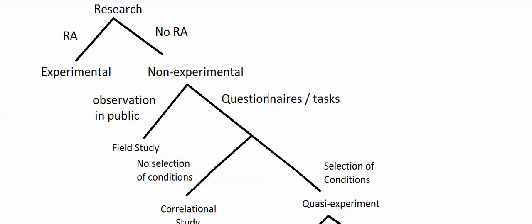If I'm giving my participants questionnaires or tasks to complete, it's actually a different type of study other than a field study. So if I'm giving my participants personality questionnaires, like personality tests, or if I'm giving them tasks to complete, like an IQ test or a memory test, it's not a field study because I'm not doing my study in the field anymore.